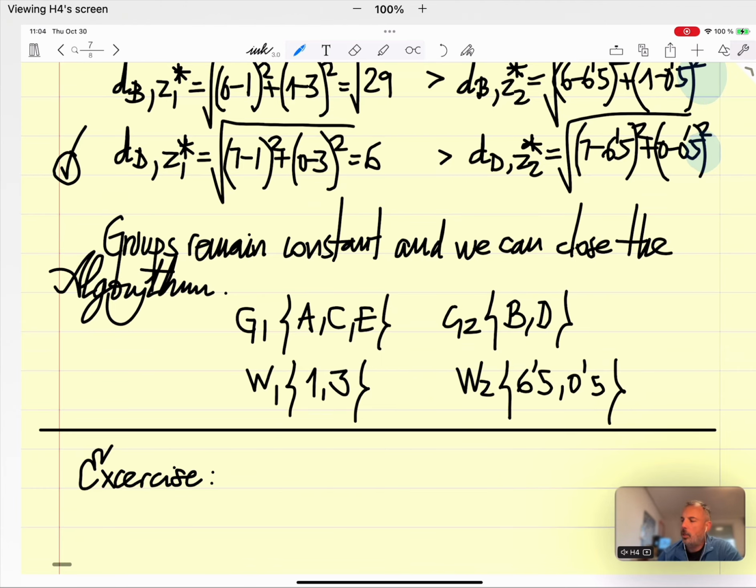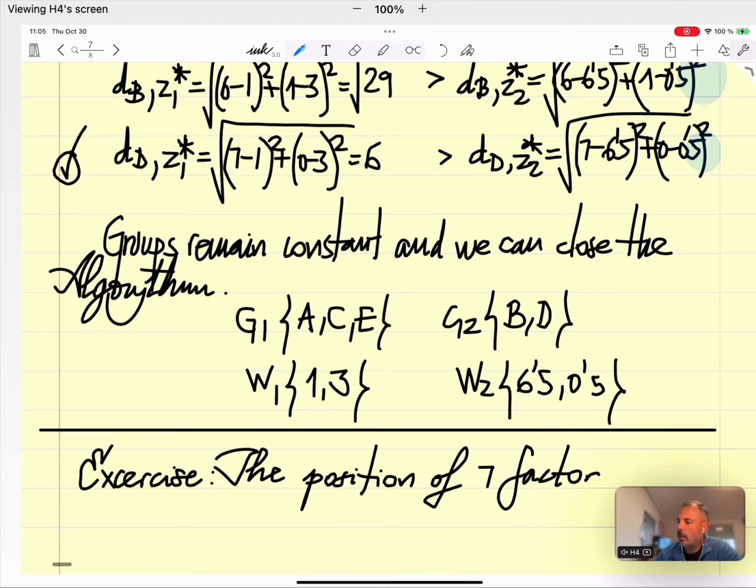So the position of factories, with, now this is the difficult part, different demands.